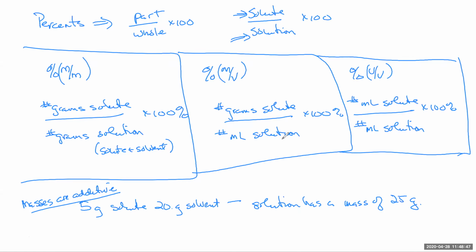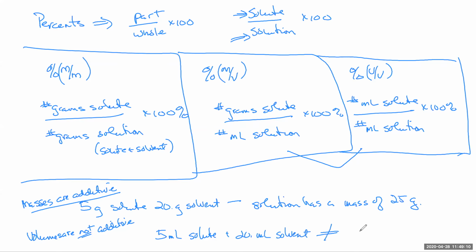The problem with the other two here is that volume is in there, and the volumes are not additive. Sometimes they are, but they're not guaranteed to be additive. So you can't say if I take 5 milliliters of solute and 20 milliliters of solvent, that's going to give me 25 milliliters of solution.